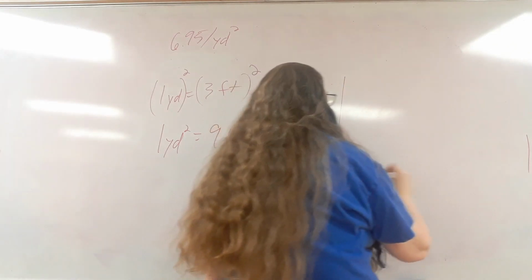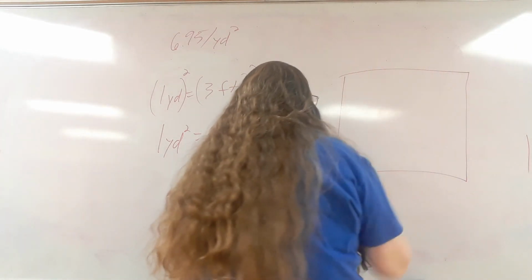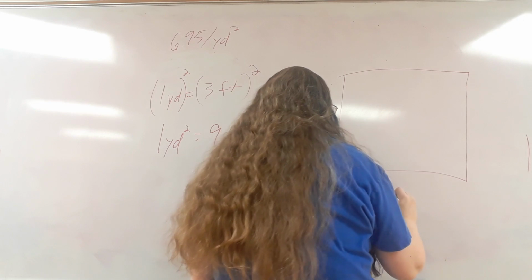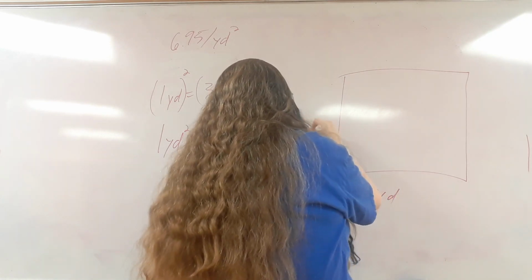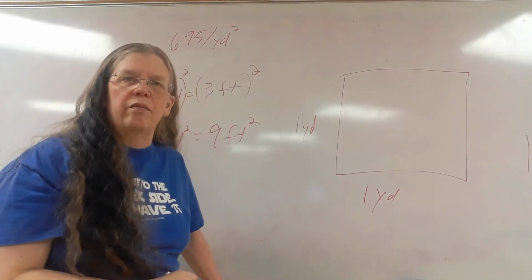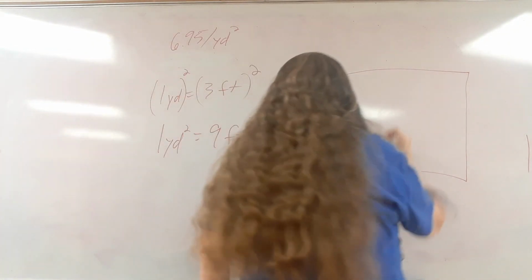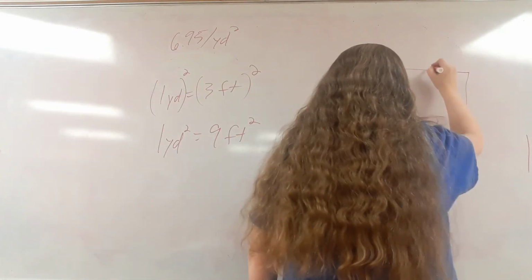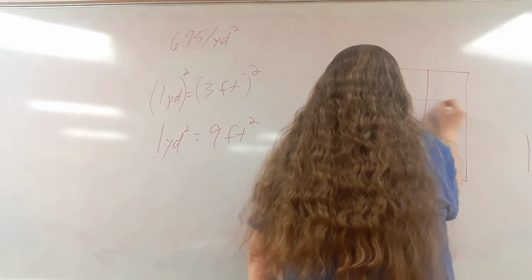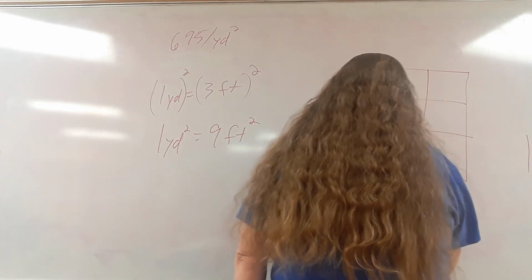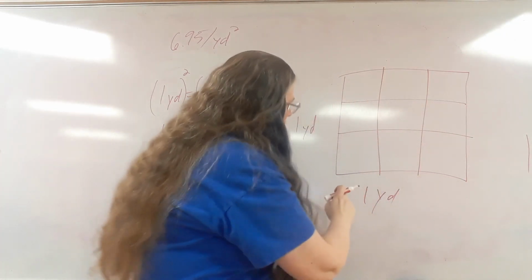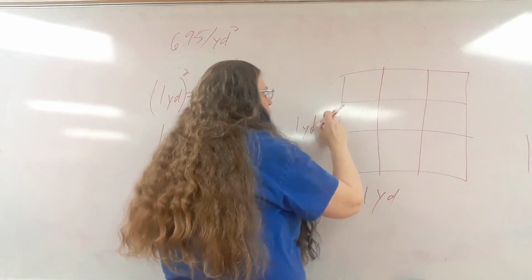If we have 1 yard by 1 yard, that's 1 square yard. Each yard is 3 feet. So 1 foot, 1 foot, 1 foot, 1 foot, 1 foot, 1 foot.